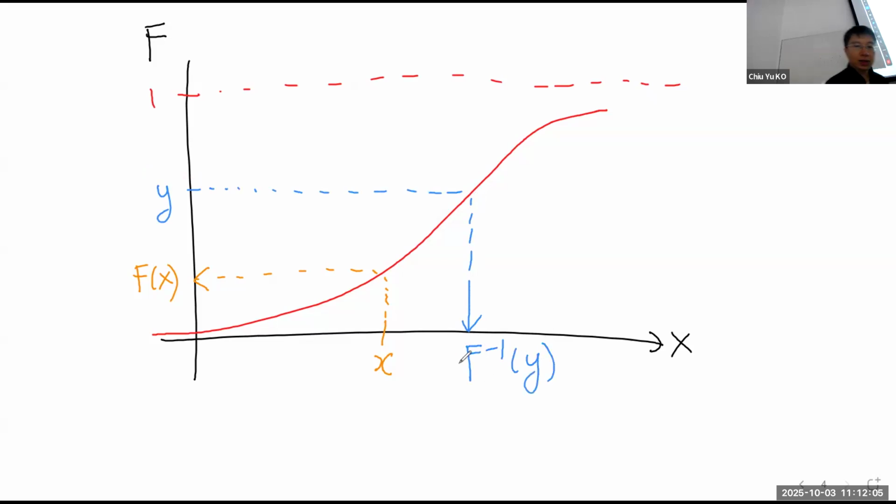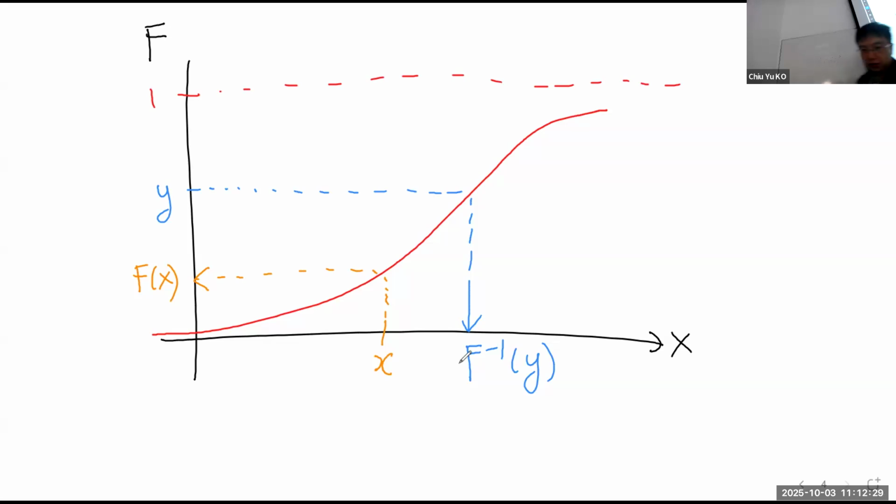It's going back. And this always exists because F is an increasing function, always going up. So an inverse always exists. You can always just go back and forth. Later you will see this going back will be very important for our purpose.